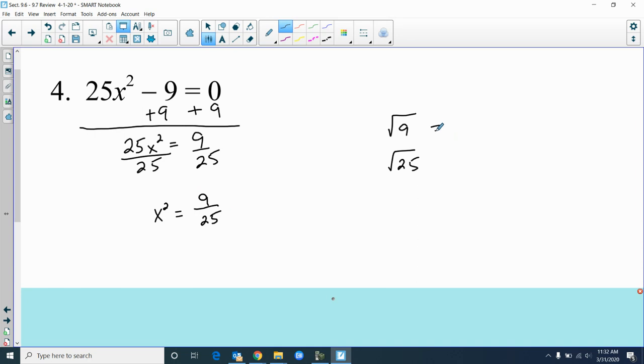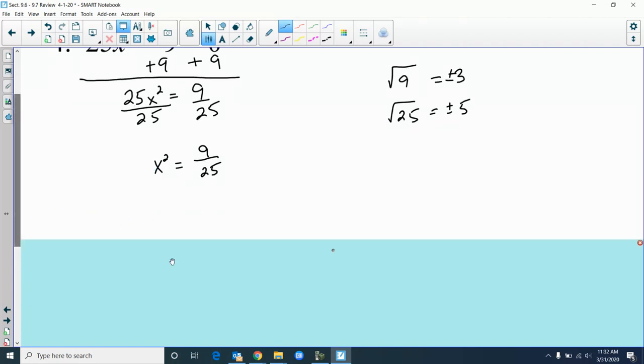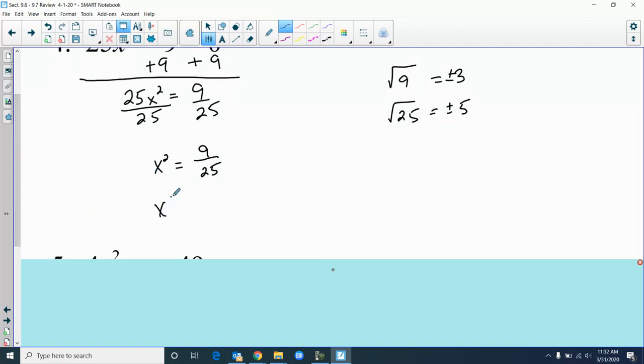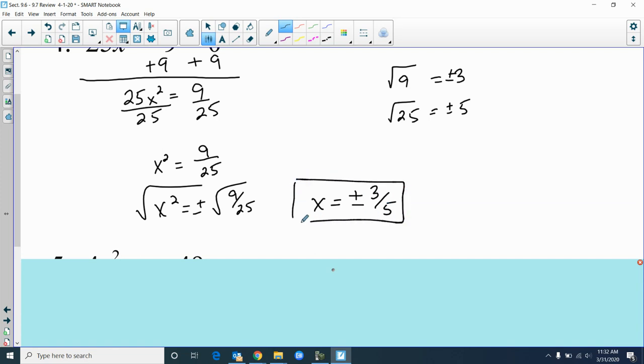We know the square root of 9 is 3. And we know the square root of 25 is 5, plus or minus. So go ahead, keep it like that. x equals plus or minus square root of 9 over 25, and that means x equals plus or minus 3/5. And that's all you would do. Leave it like that. Square root of 9 is 3. Square root of 25 is 5.